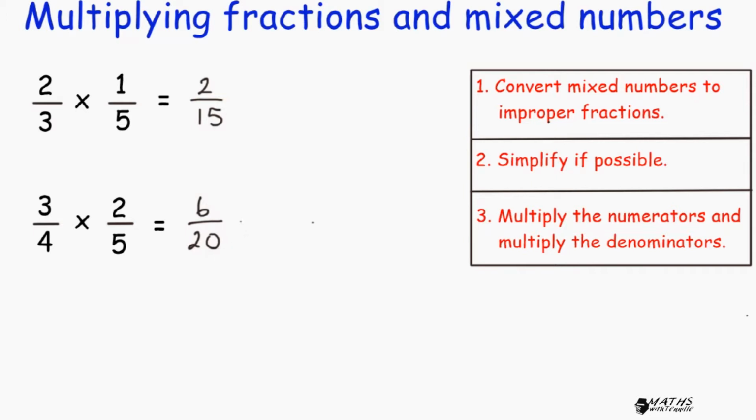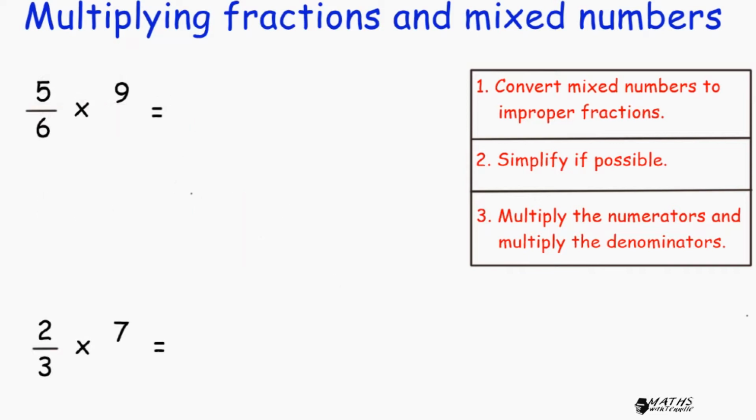So I'm going to go ahead and divide both numbers by 2. 6 divided by 2 is 3, and 20 divided by 2 is 10. This fraction is now simplified and the final answer is 3/10.